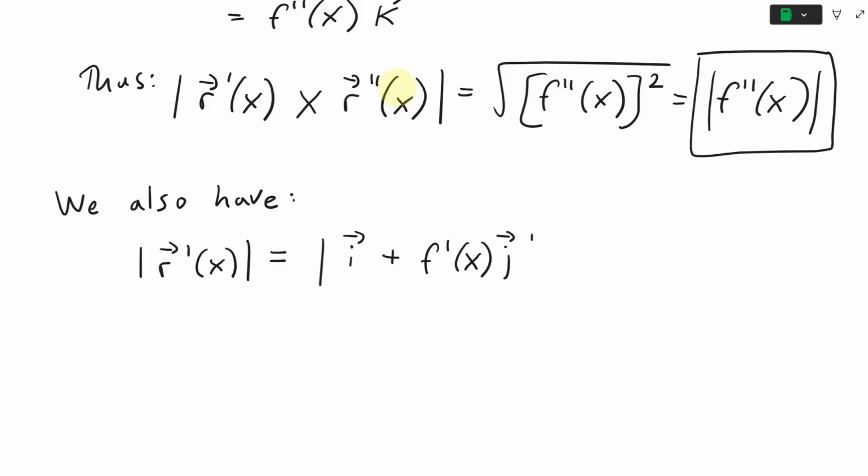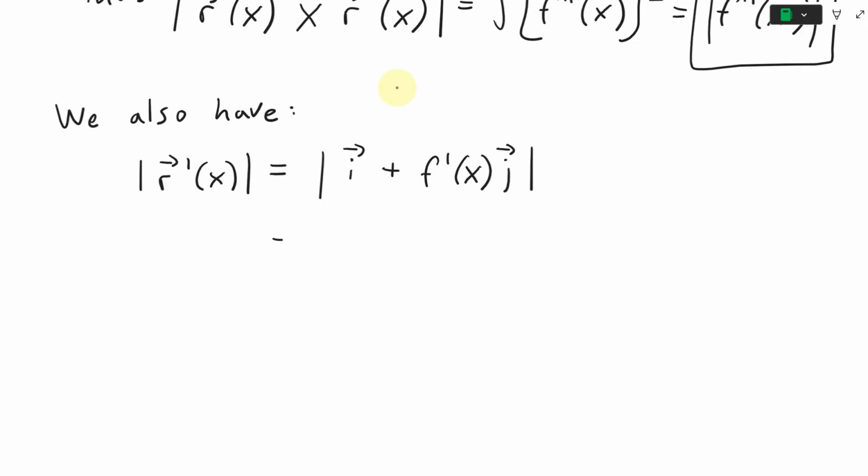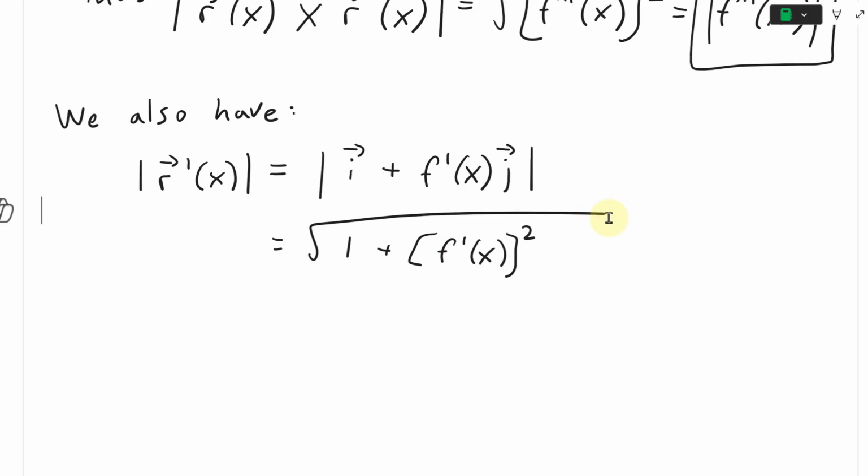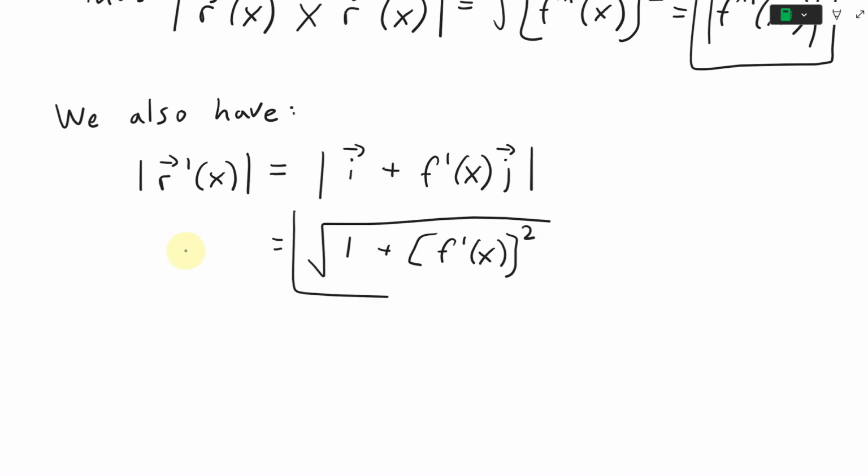Again, the magnitude or the length equals the square root, and this is going to be this component squared. So 1 squared is 1, plus f prime of x squared. That's it. I'll make this smaller. All right, I'm going to box this because this is another part of our ingredients that we need.